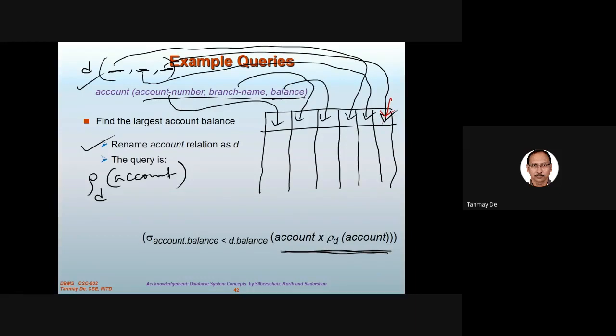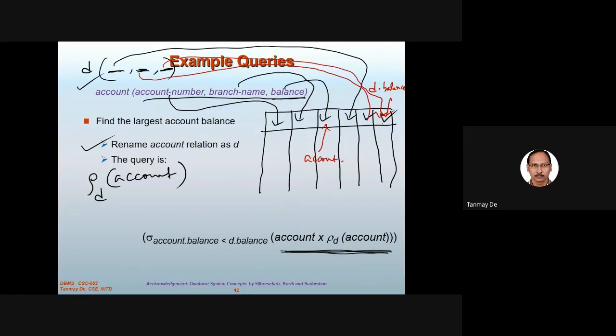This balance is D dot balance. And this one is account dot balance.